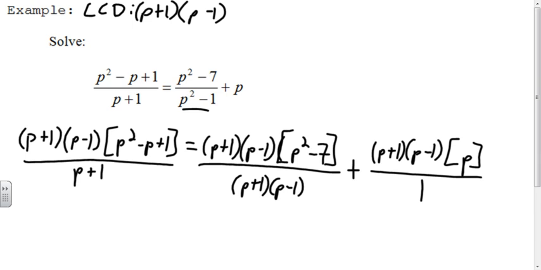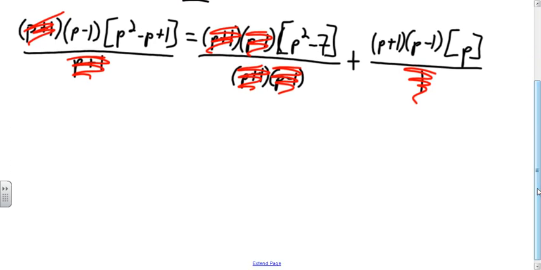So it kind of looks like it got a little more messy, but we clean it up a little bit, get rid of our p plus 1, get rid of p plus 1, p minus 1, and just get rid of that piece. Now things are starting to look a little more clean. We can break it down into just this p minus 1 times p squared minus p plus 1.